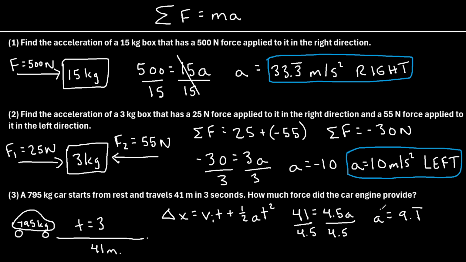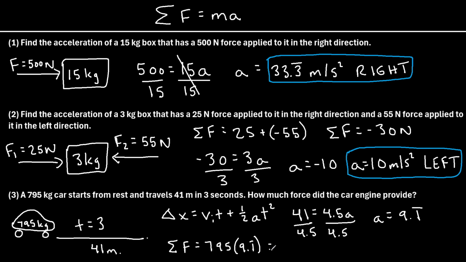So now that we figured out the acceleration, we have everything we need to figure out the force, the net force. So how much force did the car engine provide? Well, that would be the net force is equal to the mass of the car, which is 795, times the acceleration, which we just found was 9.1 repeating.